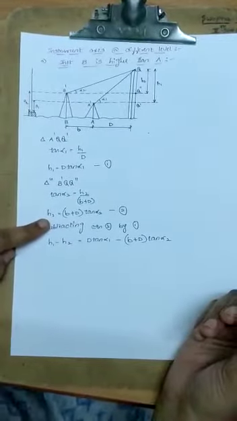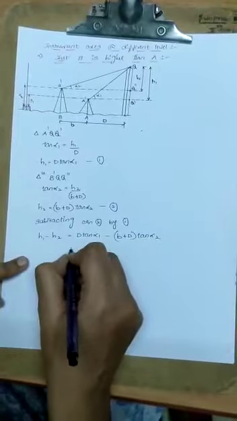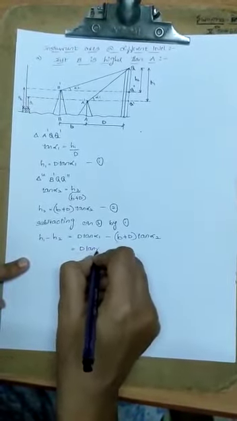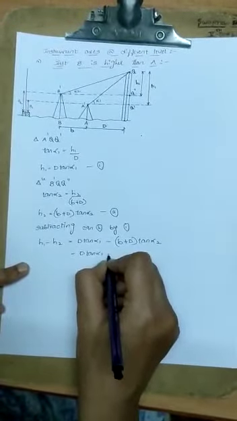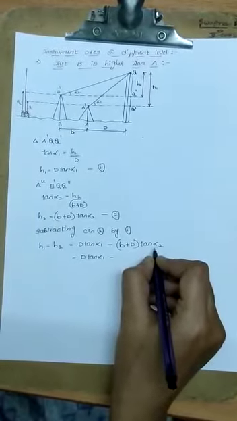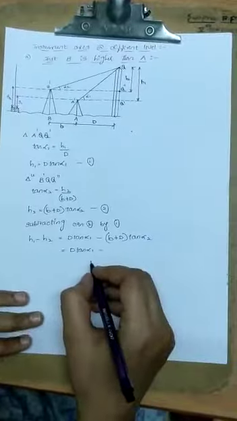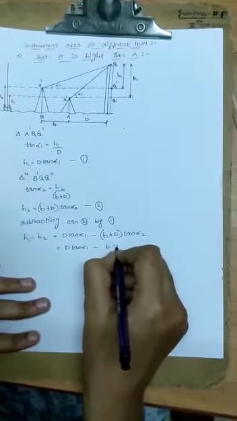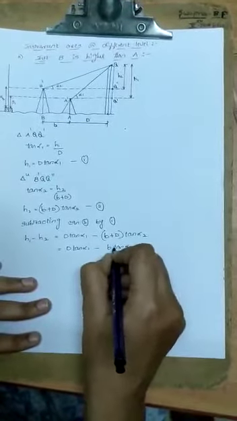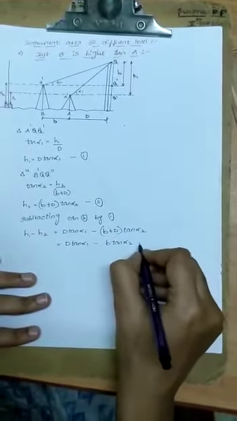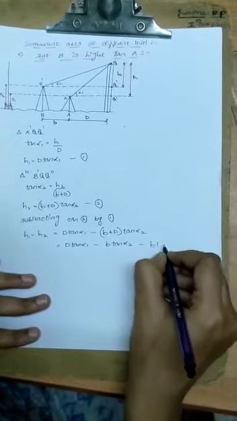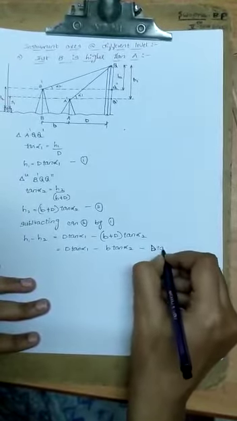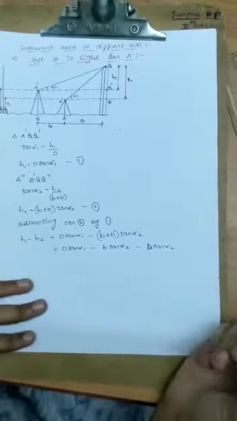This is the equation. Next, simplify the RHS side. Tan alpha 1 will be, take tan alpha 2 inside that bracket, that is minus b tan alpha 2 plus, into minus, sorry, that is d tan alpha 2.